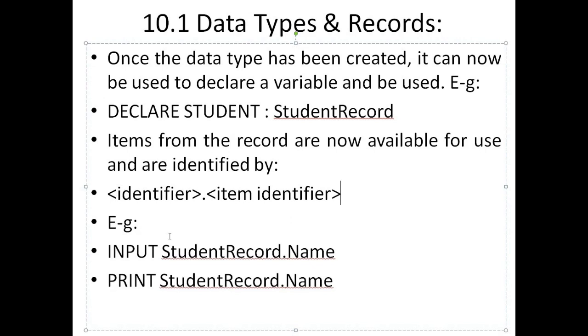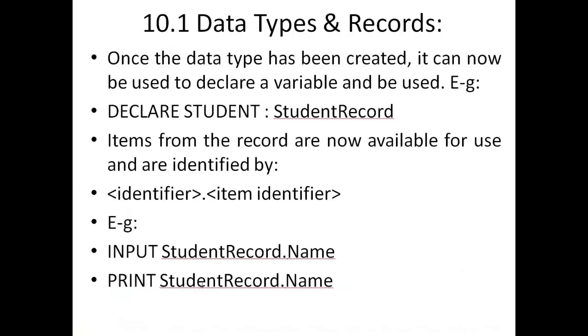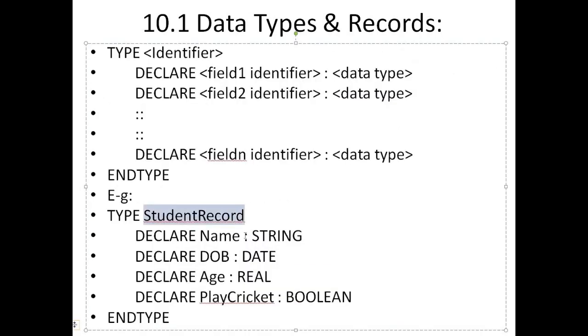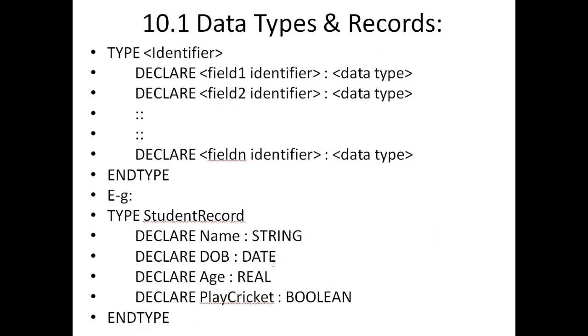If you want to input a certain value only, such as you want to input age, or you want to output only date of birth, or you want to output play cricket or not for a certain student, then you can do it like this: INPUT or OUTPUT, then you write the name of the record variable, which is Student, and then we put a dot, and then we write the name of the field that we have given to it when we defined this user defined data type or UDT or record data type.